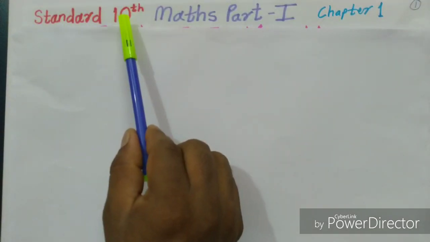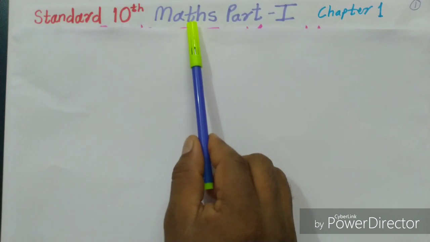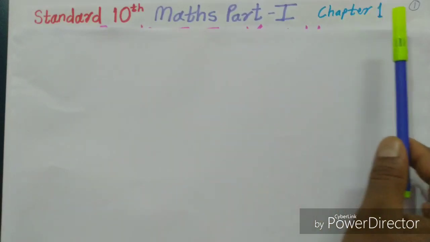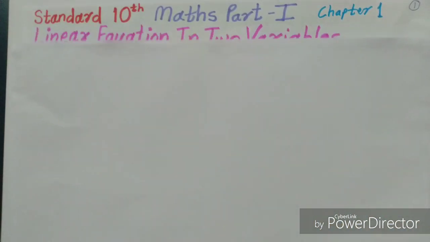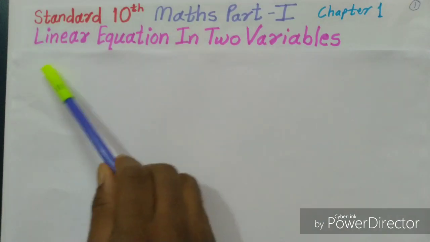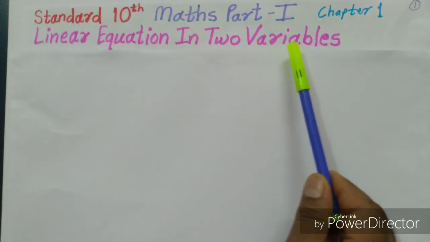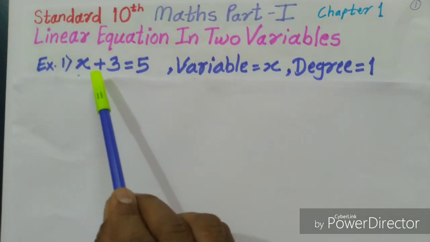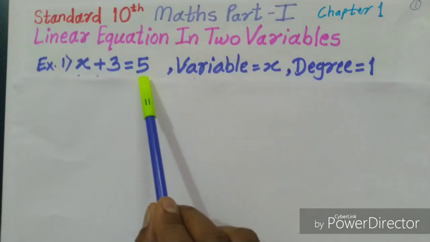Standard 10th Maths Part 1. Today we discuss chapter number 1, linear equation in two variables. Example 1: x plus 3 is equal to 5.